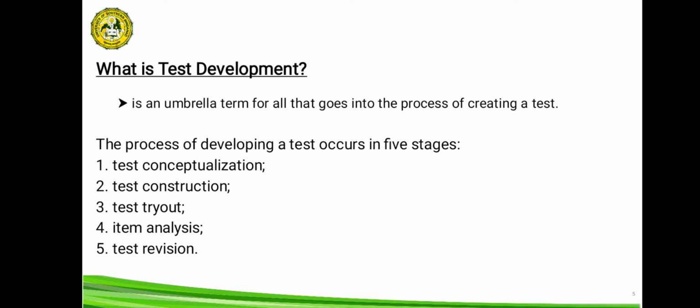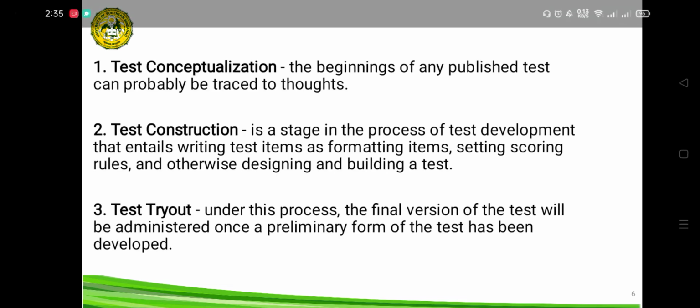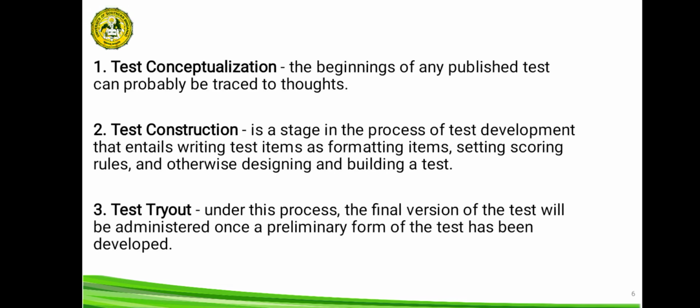So here are the 5 processes of developing a test. The first one is test conceptualization. The second is test construction. The third is test tryout. Fourth, item analysis. And fifth, test revision.